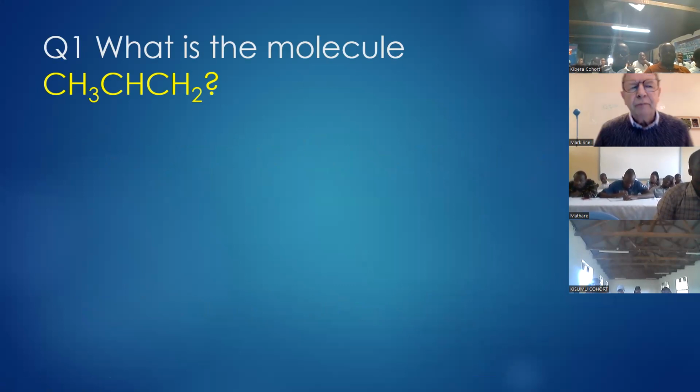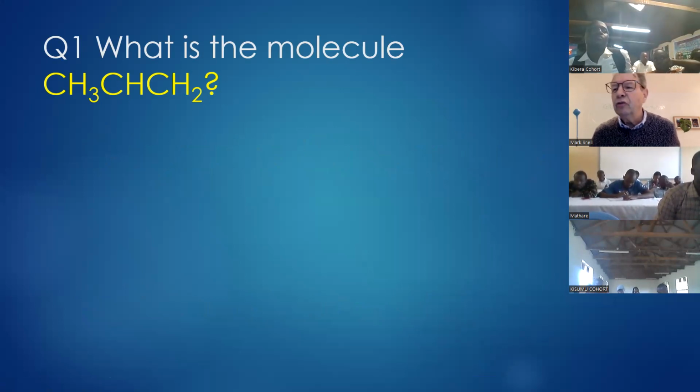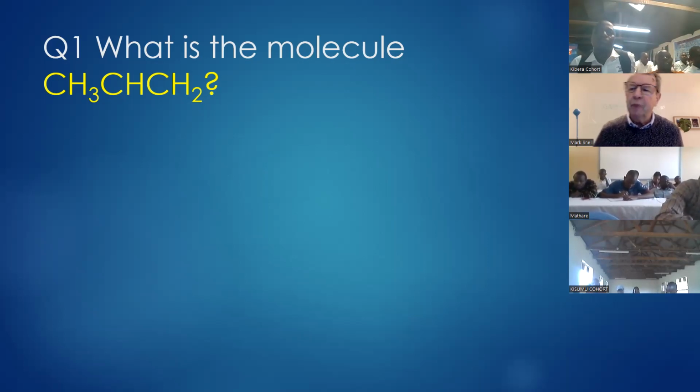Question 1, what is the molecule CH3CH=CH2? This is to get them used to identifying the functional groups. If anybody has a problem with this sort of thing, get them to draw out the molecule, remembering the rule about the number of bonds from carbon.